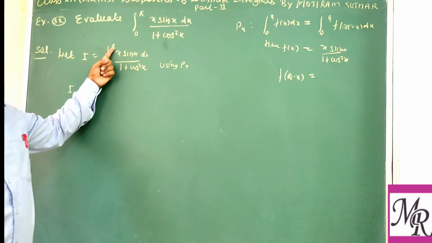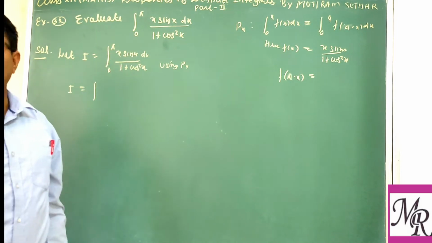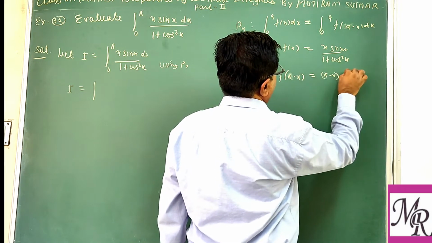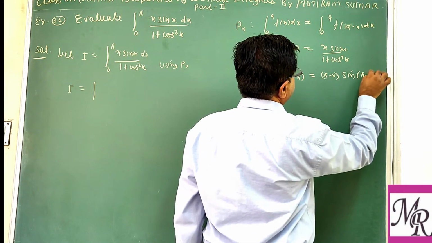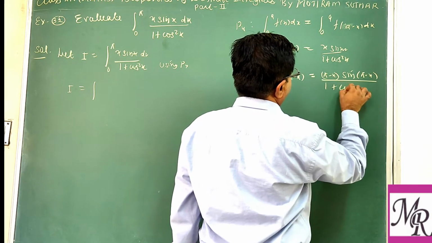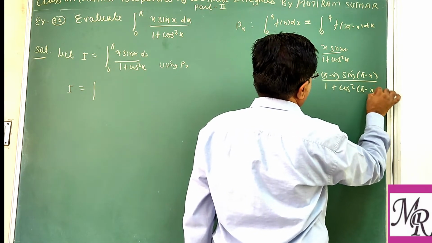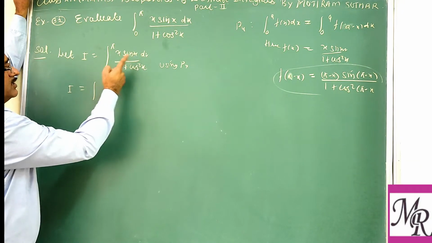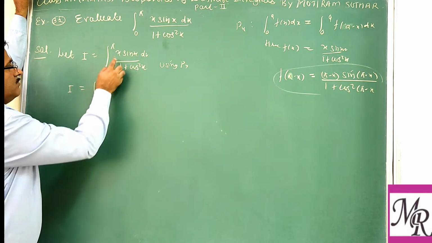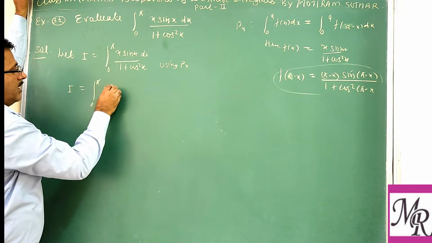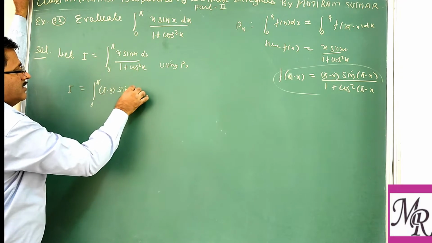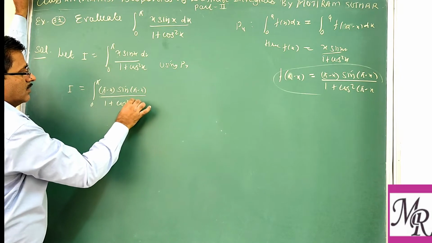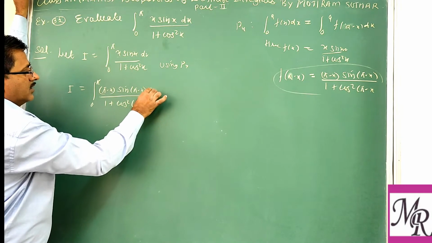So x is replaced by pi minus x everywhere, in the numerator and denominator, and you can write it directly in the integral form without extra steps. Pi minus x into dx.